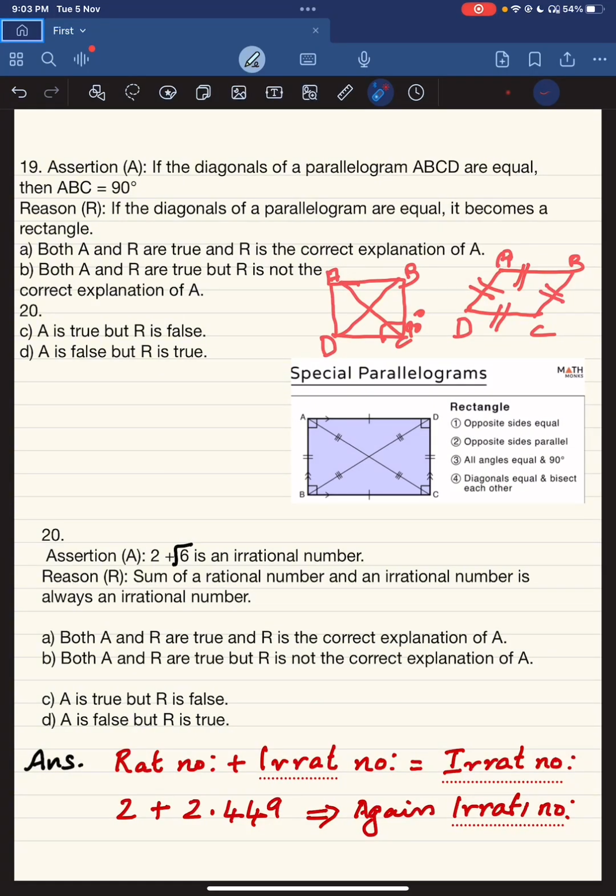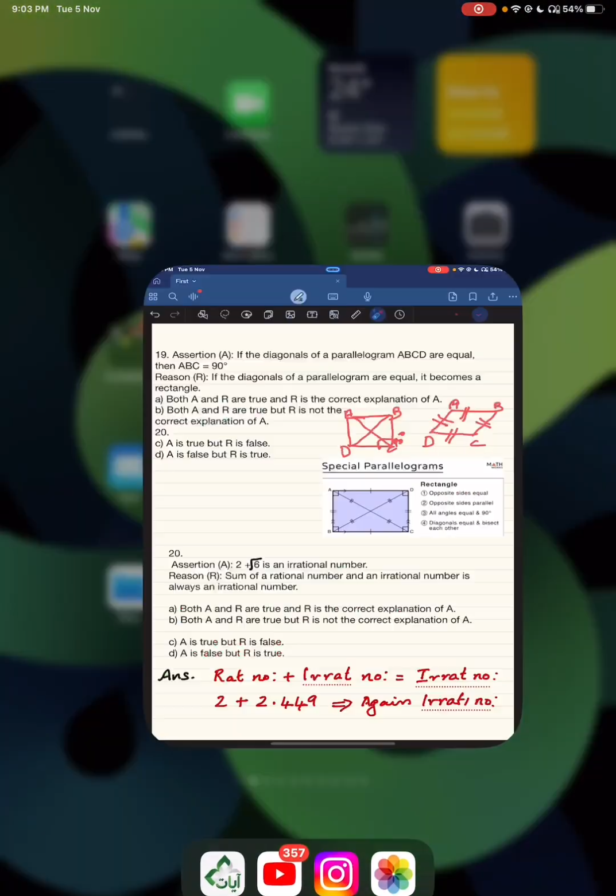This is the condition for a rectangle. If it is bisecting each other at the angle of 90 degree, then it is a square. But here they are not telling it is a perpendicular bisector. They are telling only it will bisect each other. So by these conditions we got it is a rectangle.